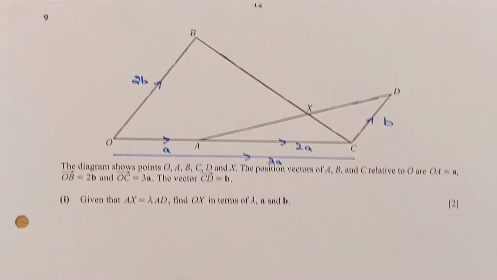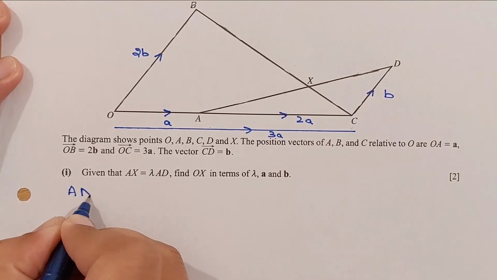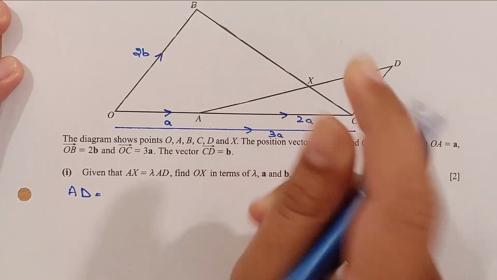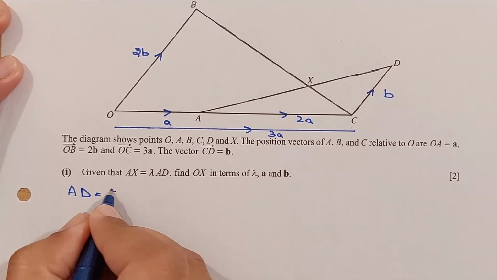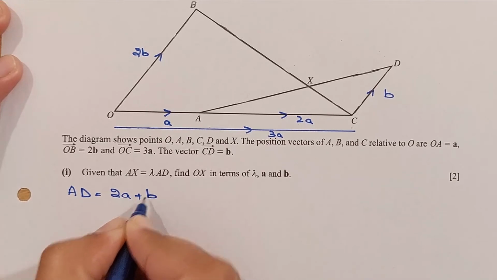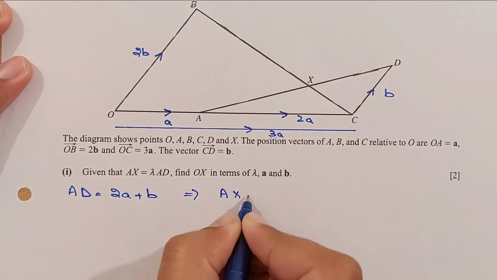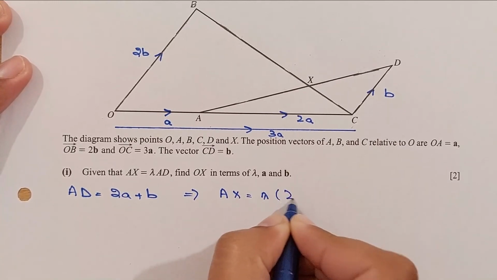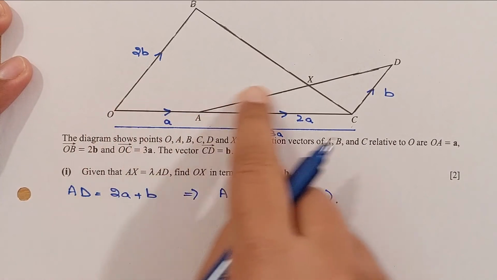So let me find what AD is. A to D is A to C and C to D. This is 2a plus b. And now we have AX is lambda times 2a plus b. We have to find OX.